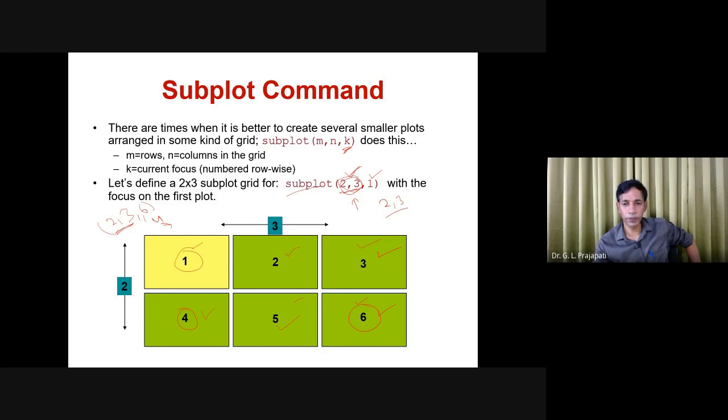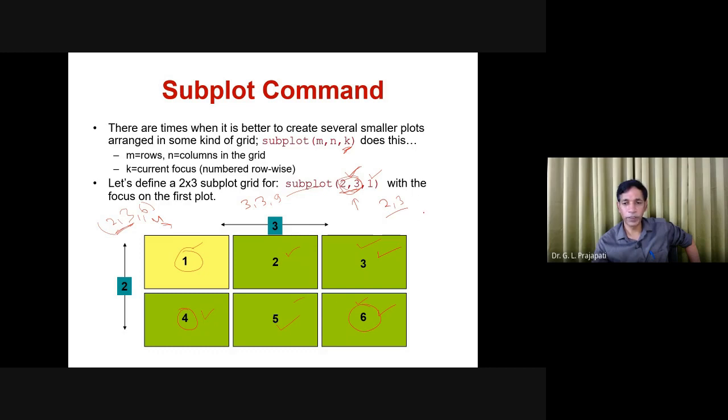You should not be confused by that. Sometimes you can say 3 by 3 also, there is no issue. With 3 by 3, how many grids are there? 3 rows and 3 columns, total 9. And if you specify 9 here, then it is the last one. Numbering will be 1, 2, 3, then 4, 5, 6.